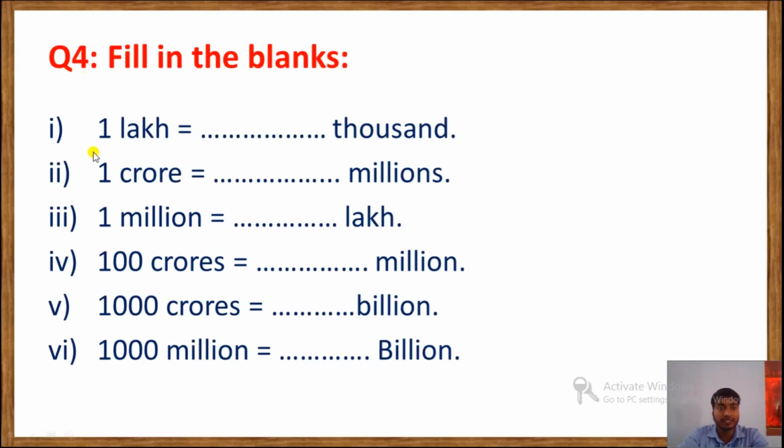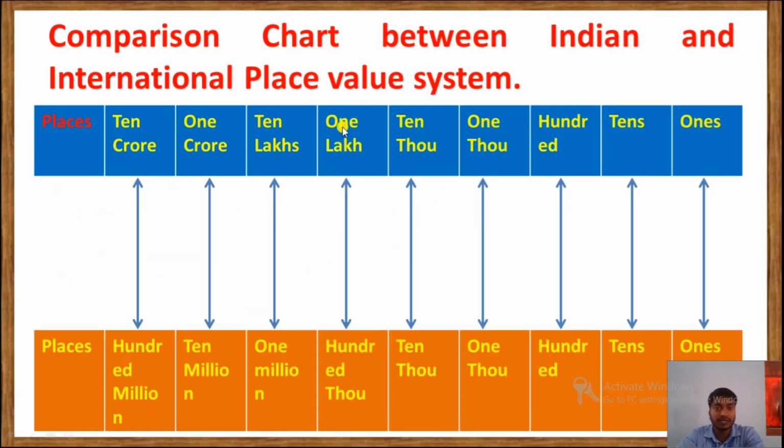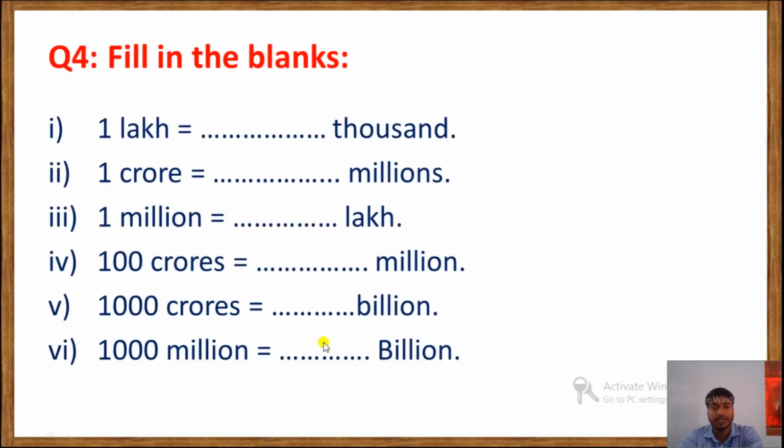Here we have the fill in the blanks. 1 lakh is equal to dash thousand. Clearly you can see 1 lakh is equal to 100,000, so here will be 100. Clear? Now come to the second one. 1 crore is equal to how many millions?